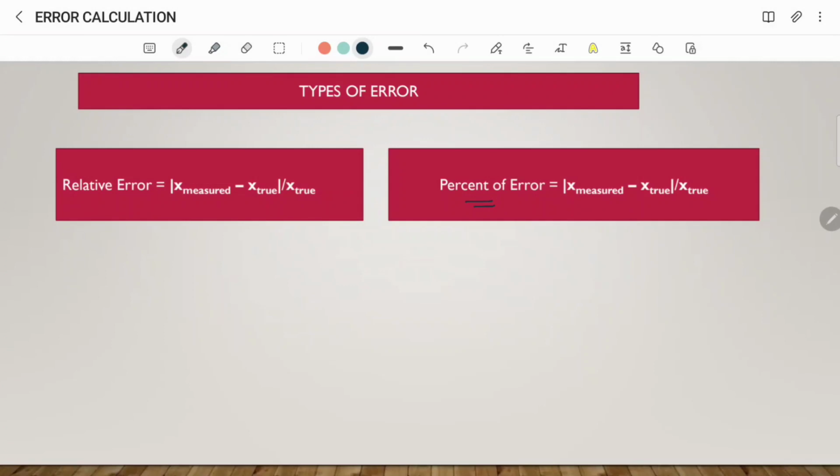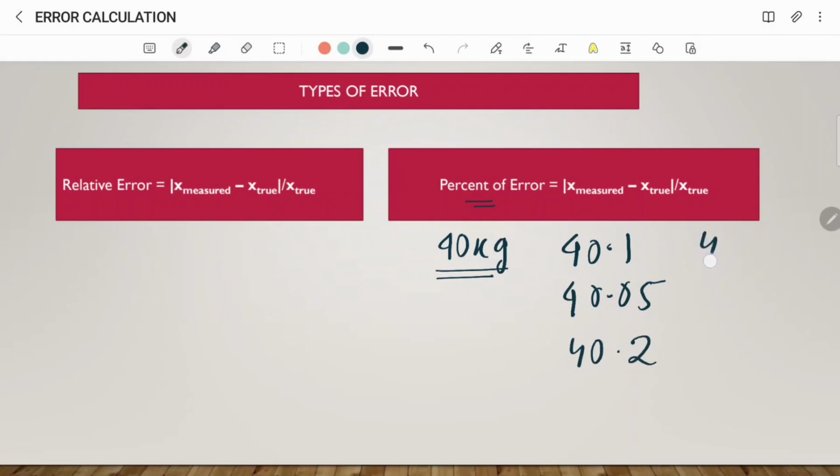Suppose we are measuring weight using a balance, and the true value should come as 40 kg. We have taken 5 measurements, and due to some error, the measurements have come as 40.1 kg, 40.05 kg, 40.2 kgs, 40.06 kgs and 40.3 kgs.